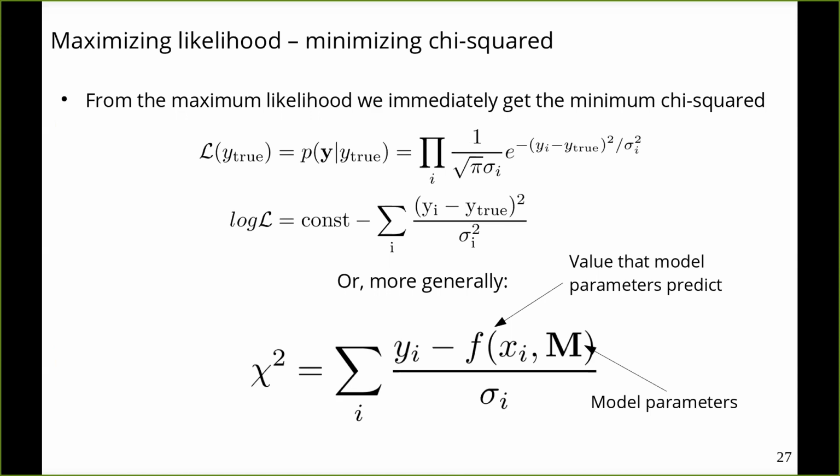In this case, we only have one parameter, y true, and this probability is the product of all these Gaussians. If I take the log of this, the product turns into a sum, and this sum is something we call chi-squared, which you have all probably heard about.